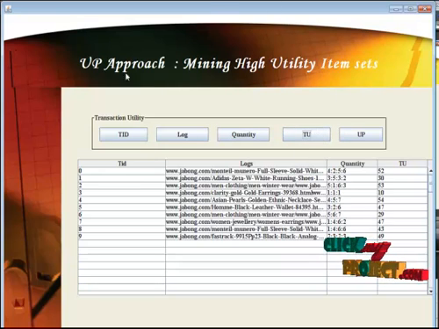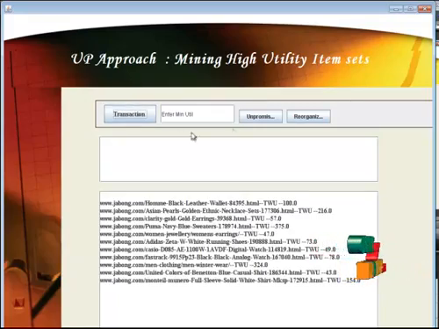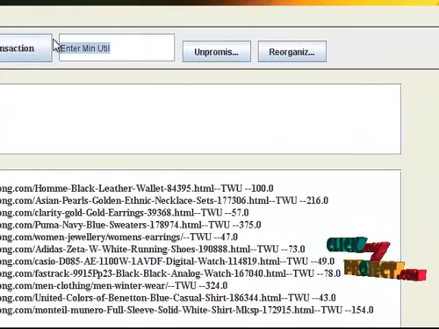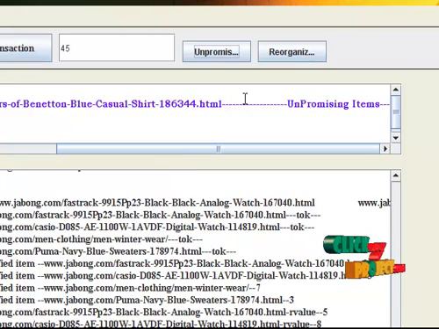Then transaction utility is found. After that, the UP catalog is estimated, and now I'm going to give the minimum utility threshold. Be careful that only 2 items have to be eliminated. So I'm going to give the item value as 45. So this is the unpromising item.